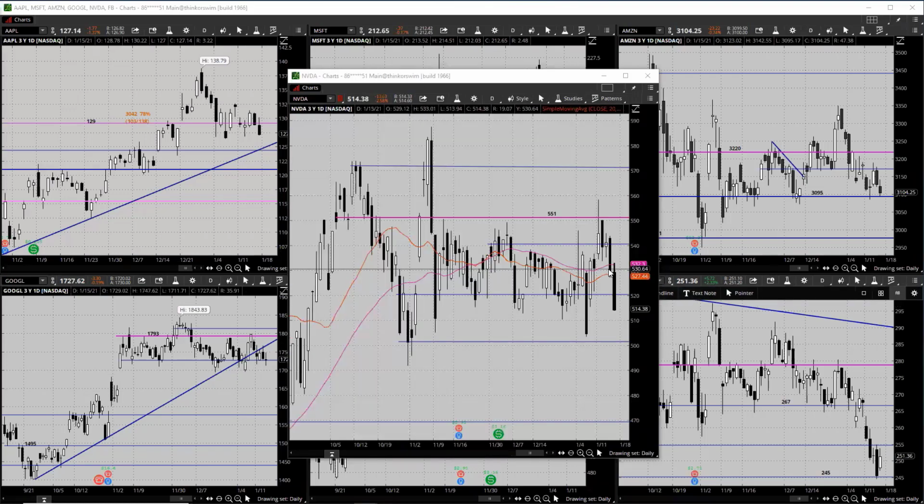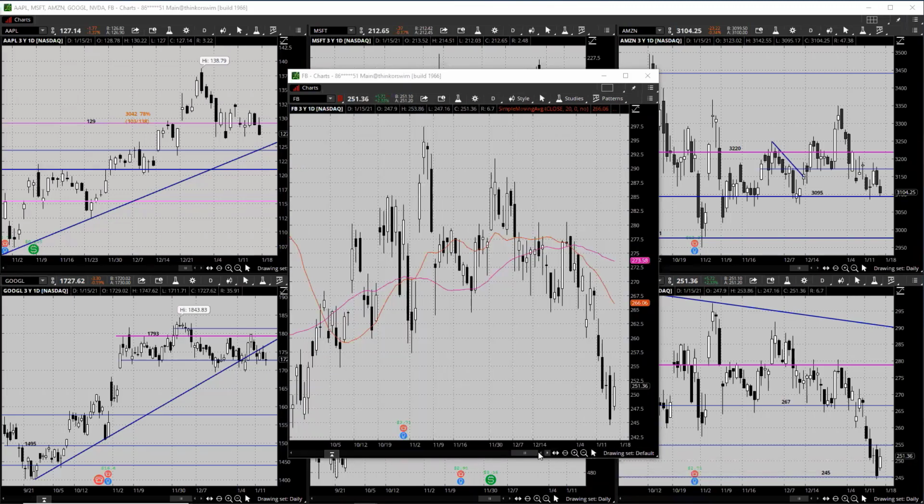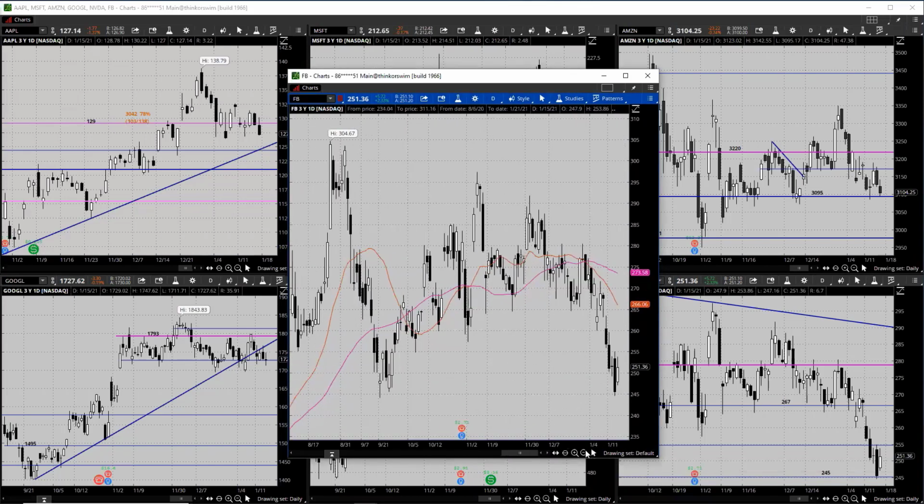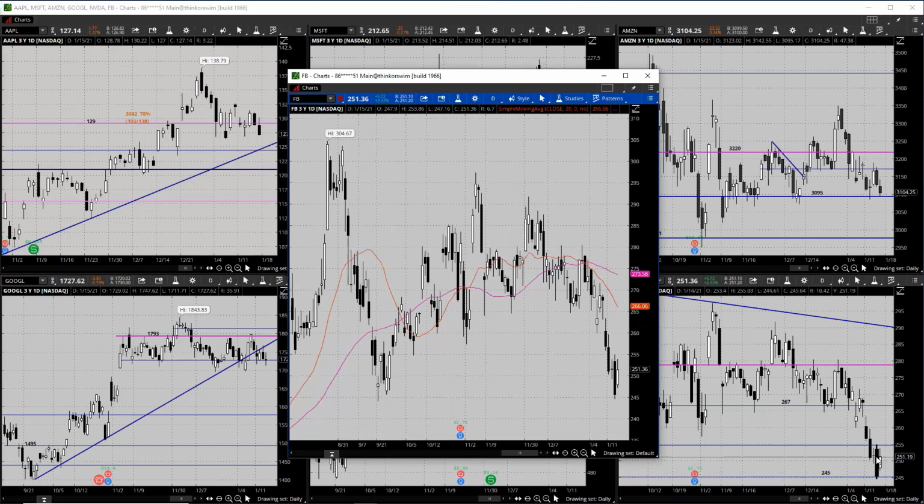NVIDIA. Oh, yeah, NVIDIA. Pretty good little break here on Friday. And then let's go to Facebook. And we know the problems that Facebook is having. You can see here, we went right to that support on Thursday, 245.